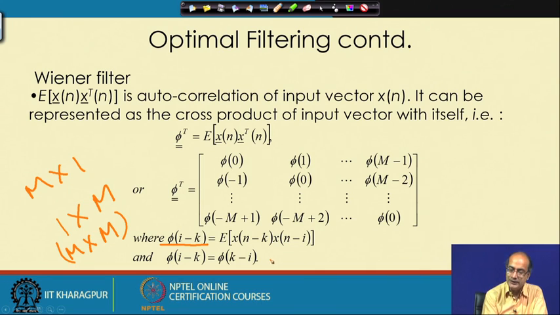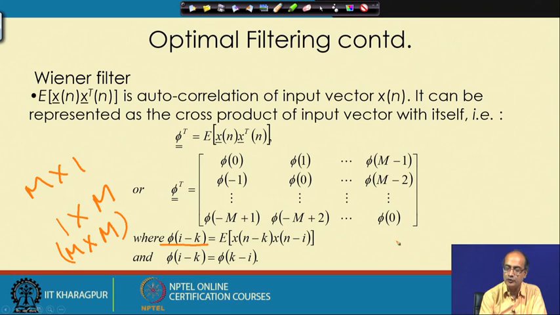Okay. So, essentially these autocorrelation terms are symmetric across the point 0 for a real signal, and so to populate this matrix we do not need the values from phi minus m plus 1 to phi m minus 1.